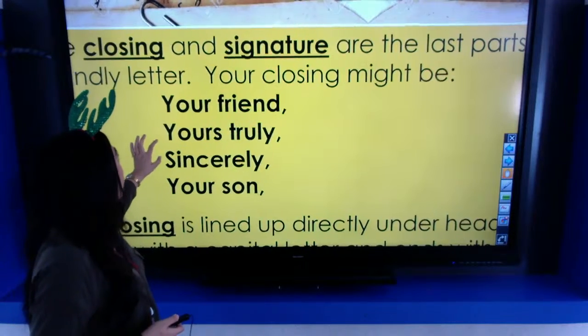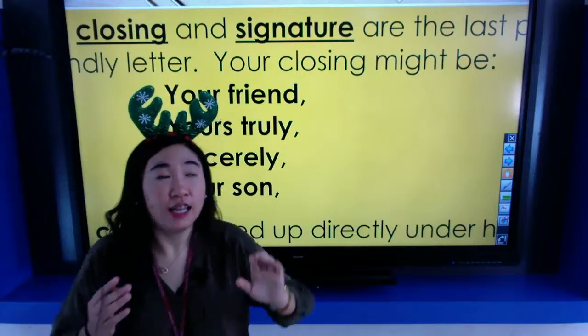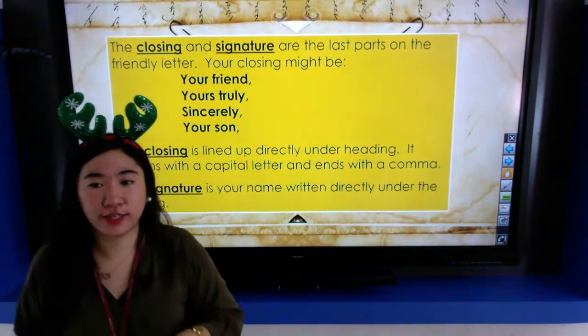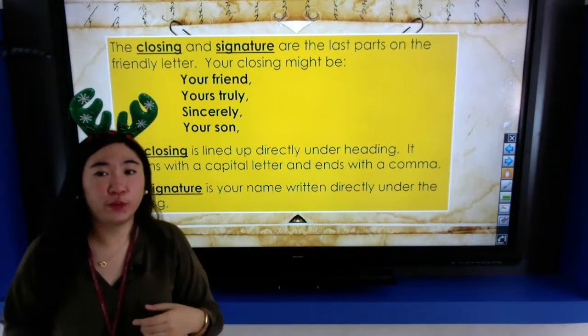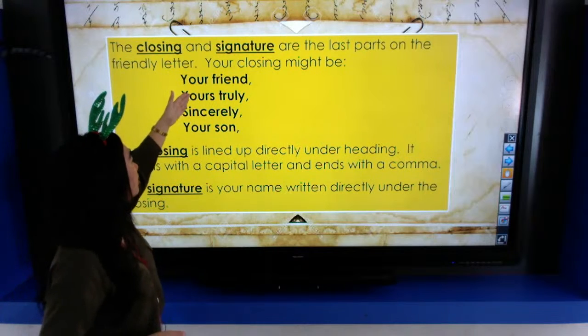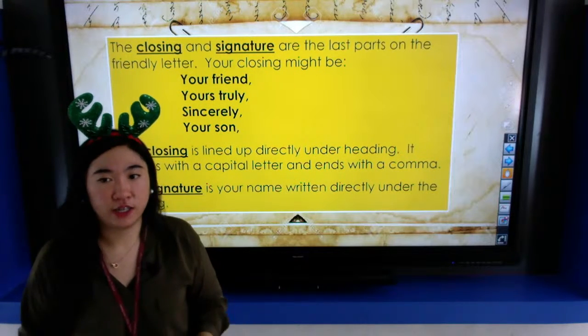When writing a closing, you are just going to capitalize the first letter of your closing, but the second word you will write in a small letter. So always start your closing with a big letter.